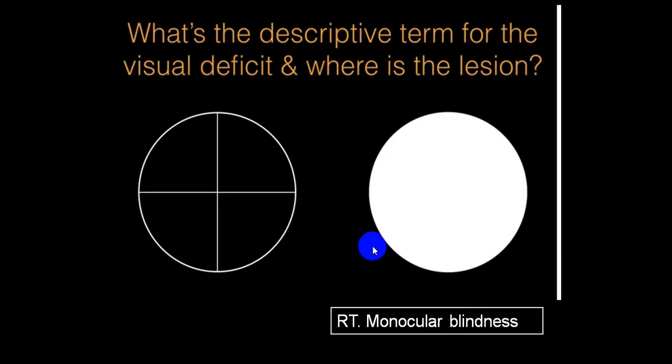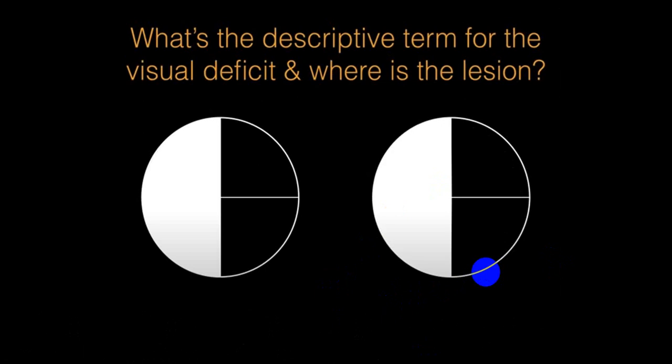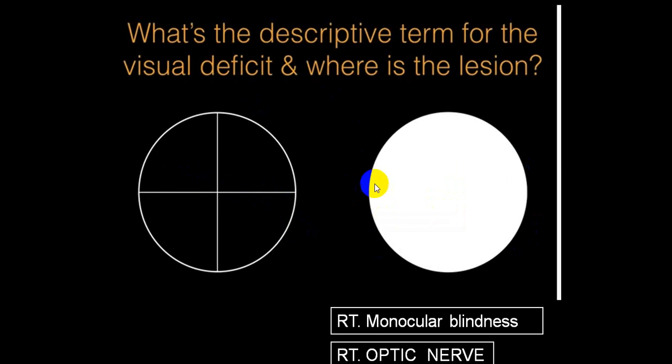Here you can see right side total loss. So right side monocular blindness: right optic nerve damage. Here you can see both sides. This side temporal field gone and this side nasal field gone. White is the damage here, and here also white is the damage.